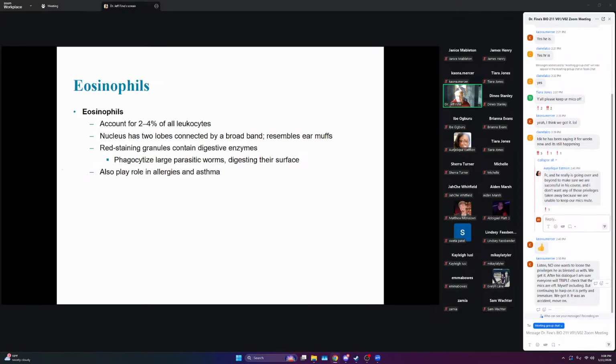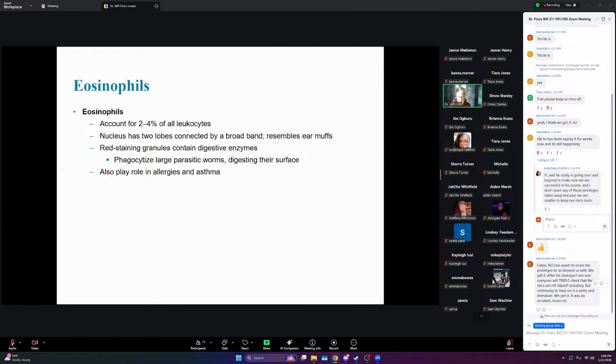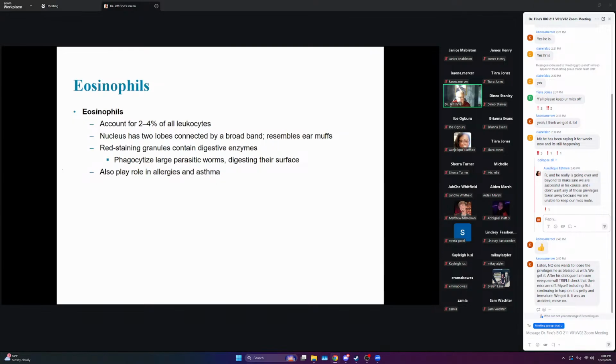If we have some type of parasite, some type of worm that has made it in, usually in our food products is where parasitic worms make entry into the human body, so we're usually talking about the digestive tract. These eosinophils will come on and digest their surface, and when they digest the surface and break them apart, they tend to dissolve. They also have an antihistamine-like effect, so they also help to minimize the effects of allergies and asthma.